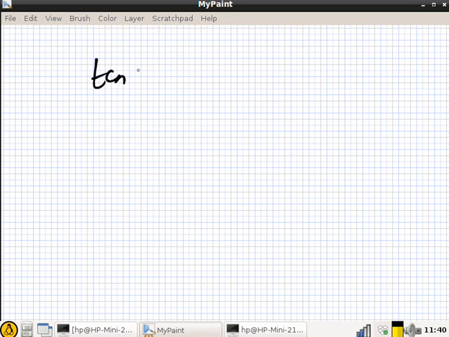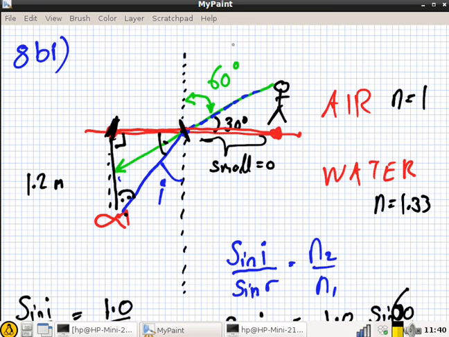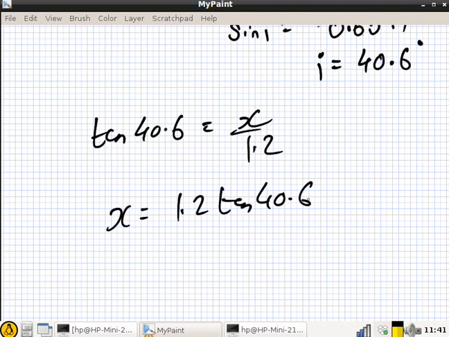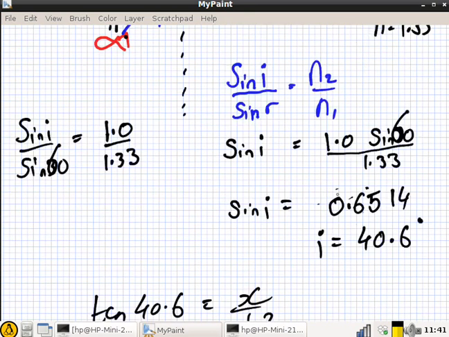Tan of 40.6 equals opposite, which is x, over adjacent, which is 1.2. So, can you type that in? 1.2 times tan 40.6. What's that, please? Degrees or radians. So it's 49.4 because 90 minus 40.6. Are you sure?